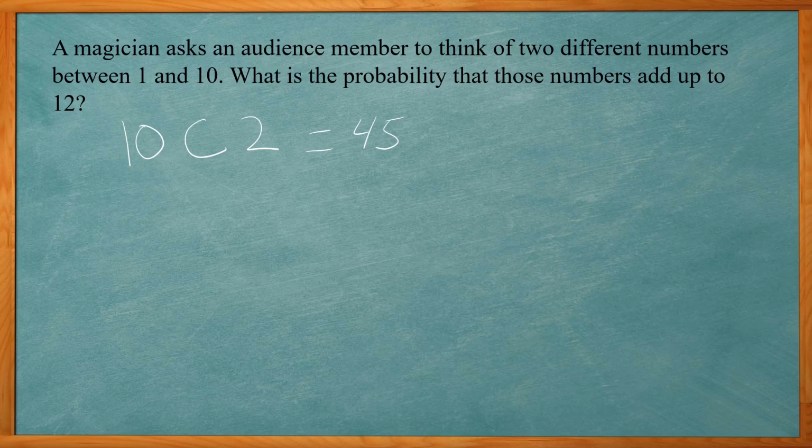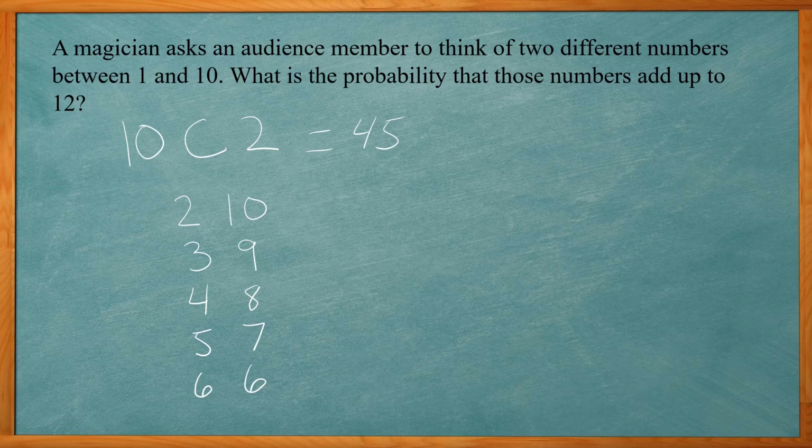Now, how many favorable outcomes? We want the ones that add up to 12. If they choose 2 and 10, that's 1. Do 3 and 9, 4 and 8, 5 and 7, and 6 and 6.